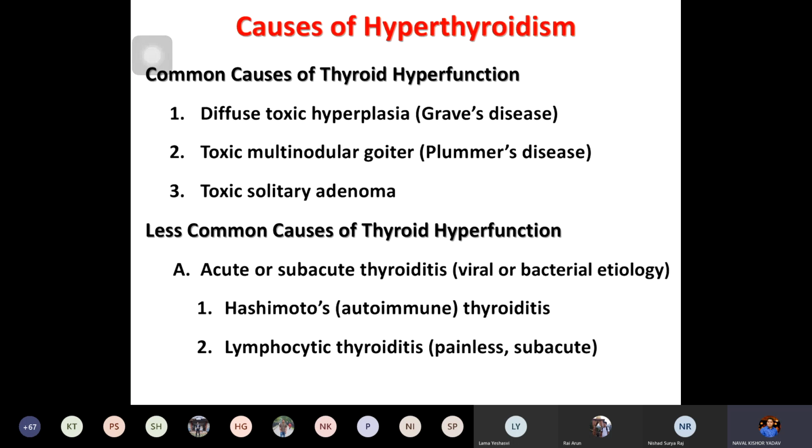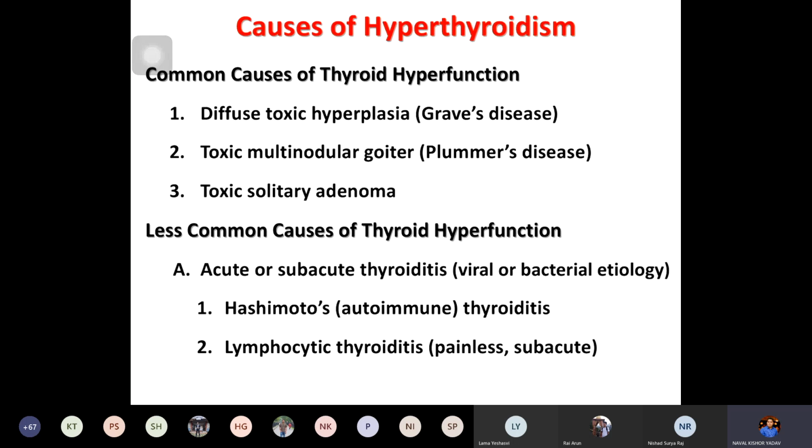Similarly, Plummer's disease, also known as toxic multinodular goiter, is also a hyperactivity of the thyroid gland producing more thyroid hormones, and also toxic solitary adenoma. Cancer of the thyroid gland can also lead to an increase in thyroid hormones and cause hyperthyroidism.